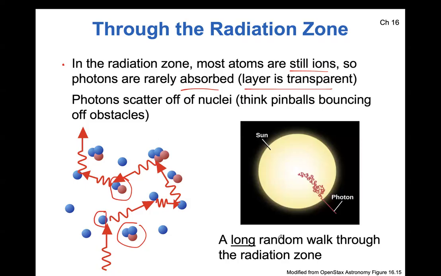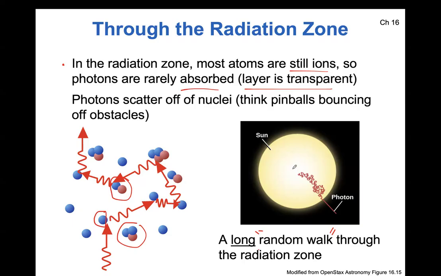All right, so the long random walk, and the random walk is the term that's given to it because the chance of it bouncing in any one direction is randomly chosen, causes these photons to really take their time as they move through the radiation zone. And this figure almost shows it going all the way up to the convection zone. Don't worry about it. I don't know if it's supposed to represent the whole sun or not.